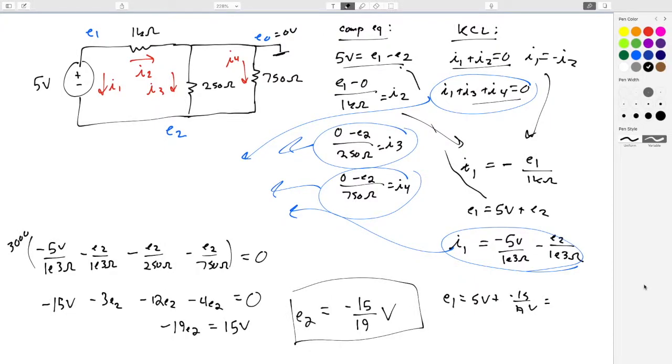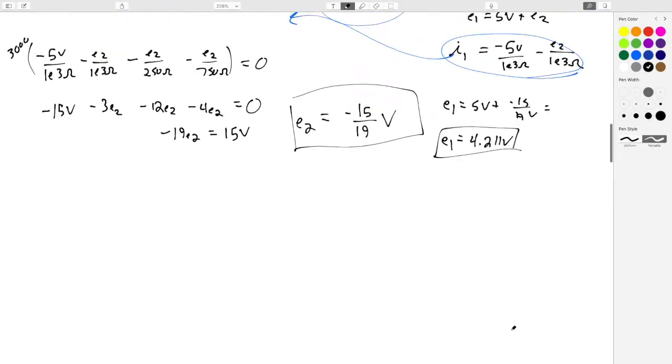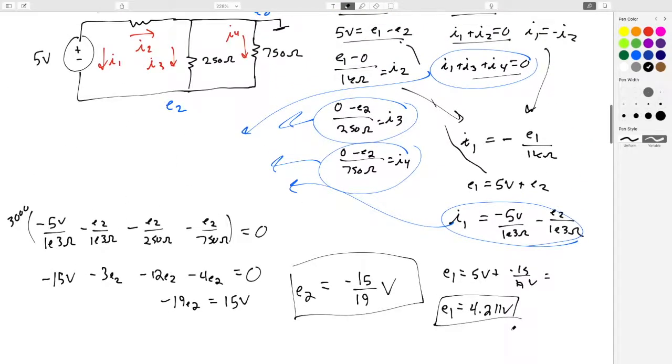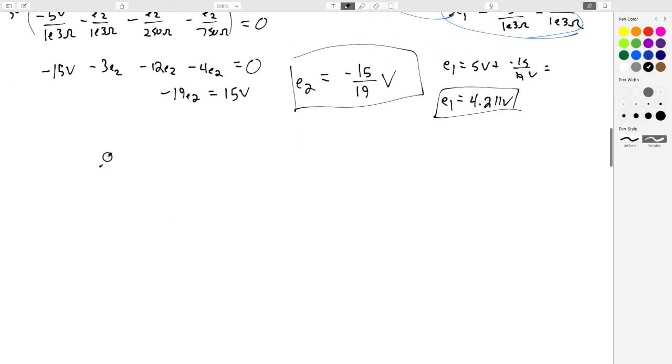So these numbers should start seeming familiar, of course. It's 4.211 volts. Fantastic. Now what we can do is then feed these into our current equations again. I2, for example, is just E1 over 1 kilo ohm. So I2 equals 4.211 volts over 1 kilo ohm, which equals 0.004211 amps. I1 is just the negative of that.